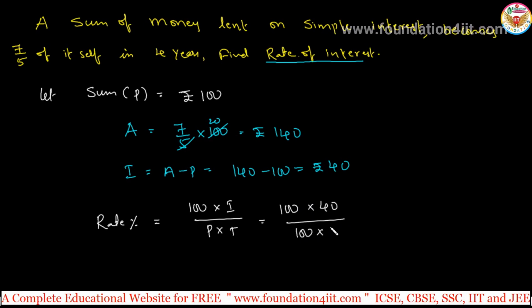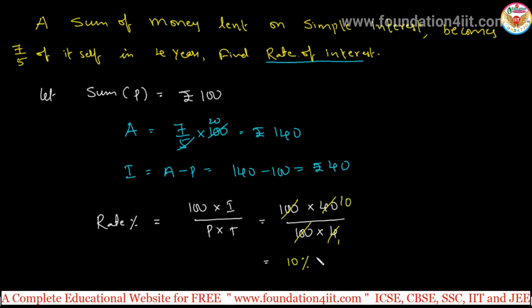And time is given as 4 years. You can calculate this rate, the 100s cancel. 4 times 1, 4 times 10. So finally 10% is the rate percent. So you can assume rupees 100 and solve. The algebraic method means we can assume rupees x and solve it. Okay, both are similar methods, whichever is convenient you can follow, right?